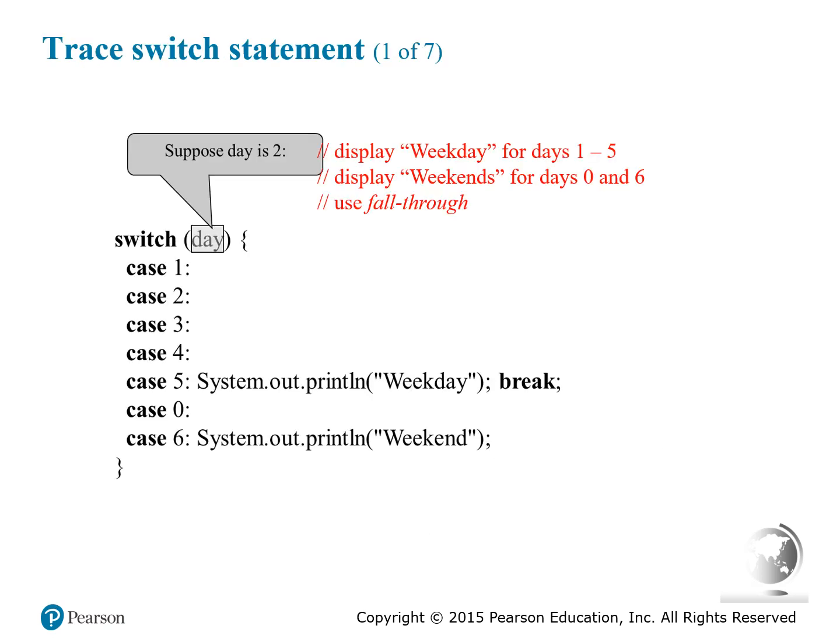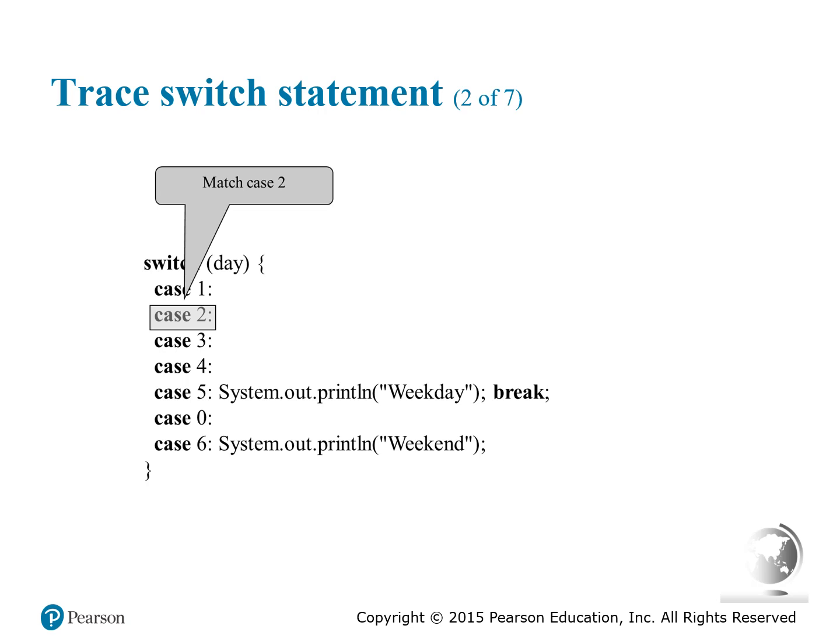Now let's trace the switch statement for day equals 2. When day equals 2, we begin evaluating at the first case. Since day does not equal 1, we continue evaluating to the next case. We find a match at case 2.